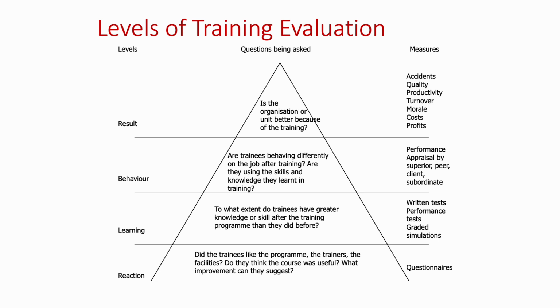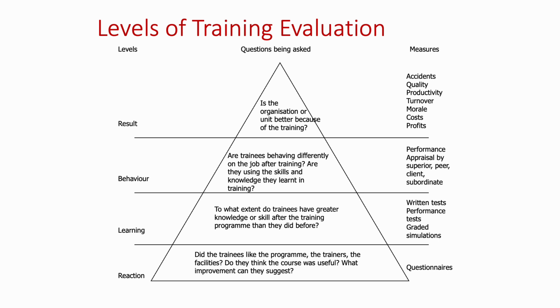So this is one of the nicest ways of evaluating any kind of training program. First you see the reaction, then you note the learning, then you check the behavior, and finally see the result organization wide. So this is how training programs can be evaluated if you are following Kirkpatrick's model.